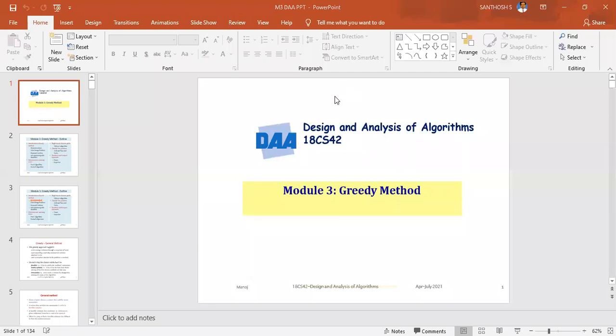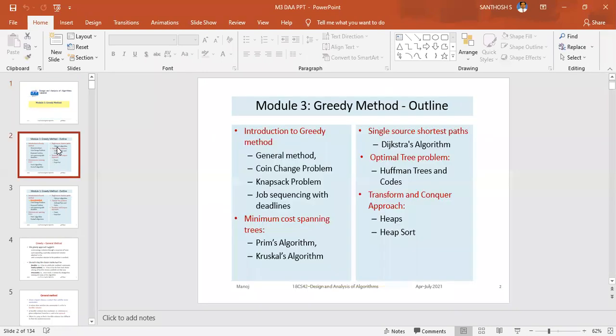Okay. So in that we shall go with the outline of the entire greedy method module 3. First you will get the introduction to greedy method. In that you will go with the general method, coin change problem, knapsack problem, and job sequencing with deadlines.